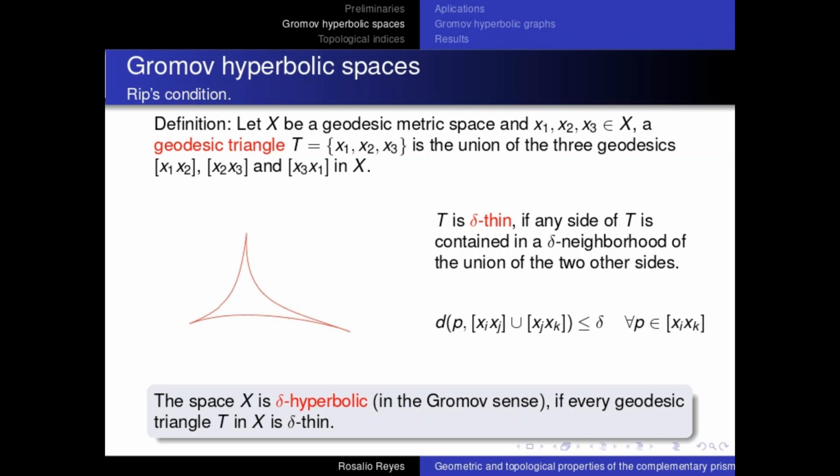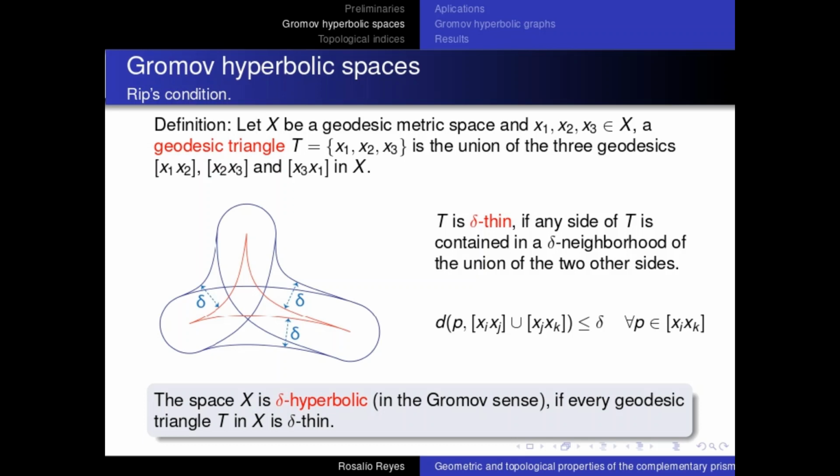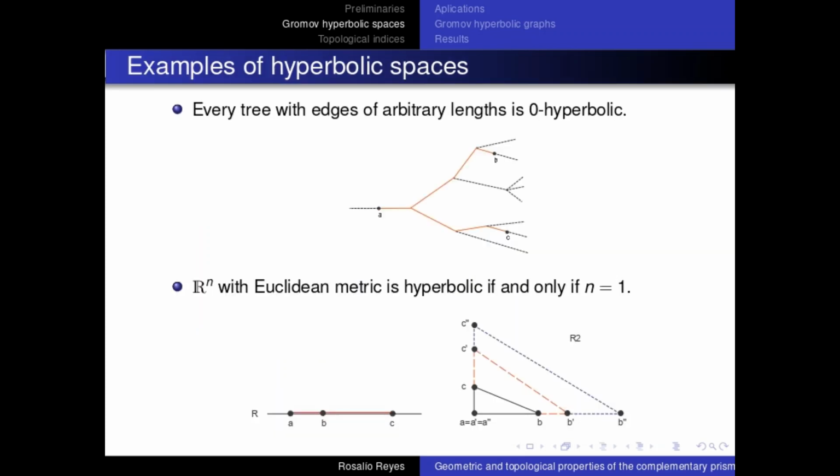In this space, we take a geodesic triangle T. We say that T is delta-thin if each side of the triangle T is contained in a neighborhood of size delta of the union of the other two sides. We have the following examples. Every tree with edges of arbitrary length is zero hyperbolic.